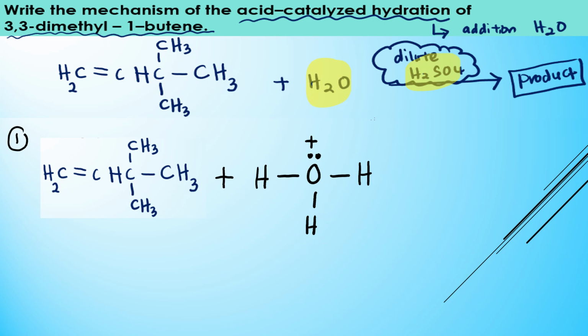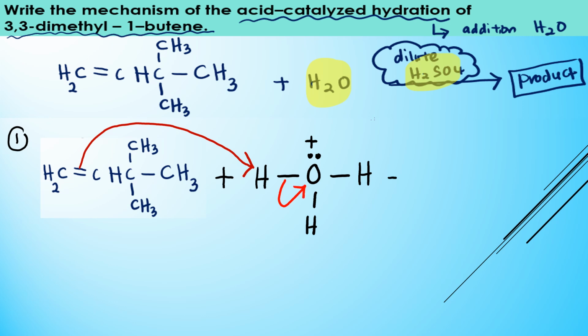The arrow should be from the carbon-carbon double bond to the H atom, using a heterolytic arrow, a full-headed arrow, because we have 2 electrons in the pi bond. So the pi electrons attack the H. At the same time, the single bond between H and O breaks towards oxygen because oxygen is the more electronegative atom. So you must show the arrow from the single bond towards oxygen.